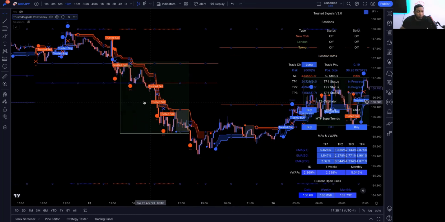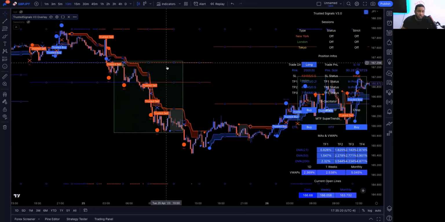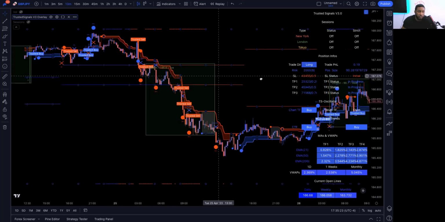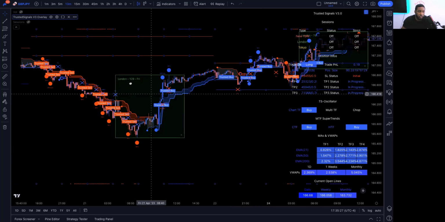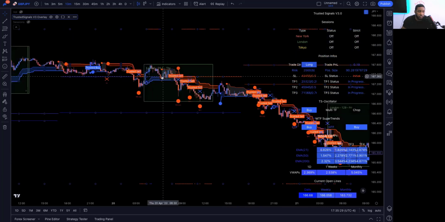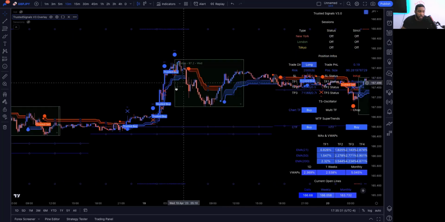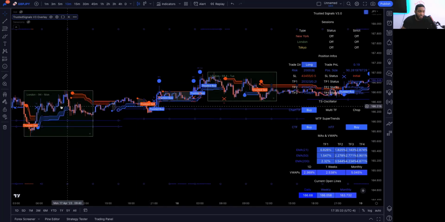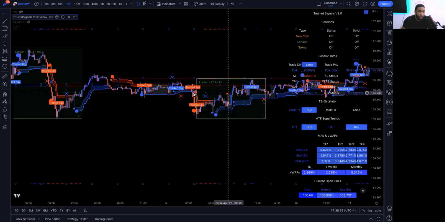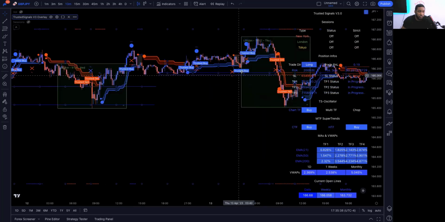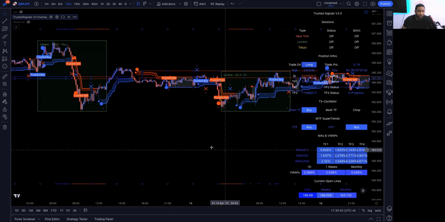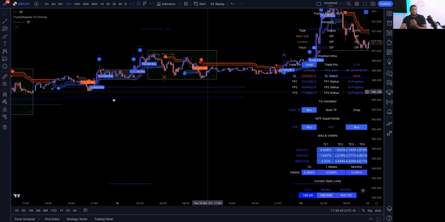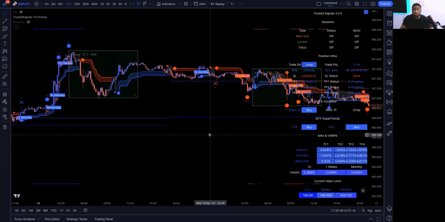And it will show you how many points it's moved during the session, right? 146, 76, 129, 76, 97, 94, right? 82, 145. So you get to see how many points a symbol will move during the correlated session.